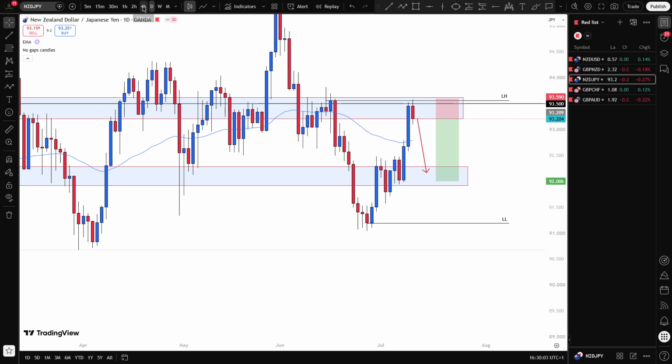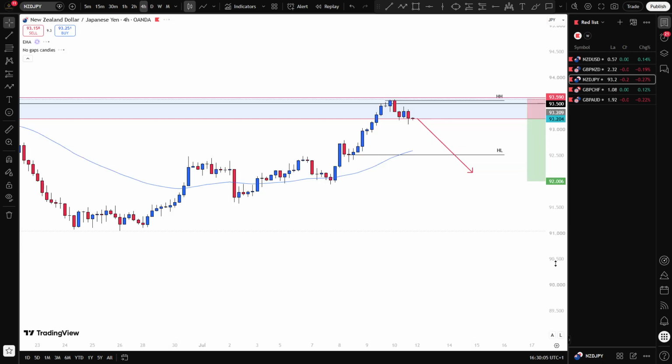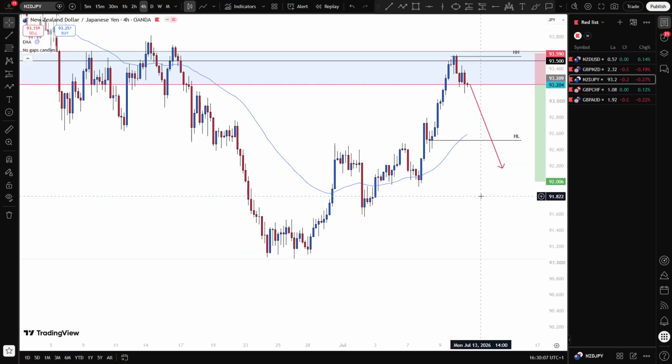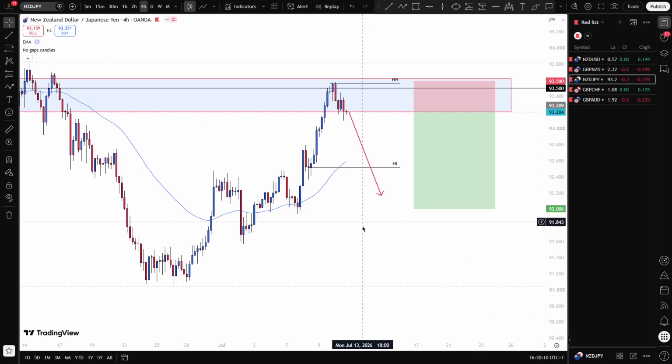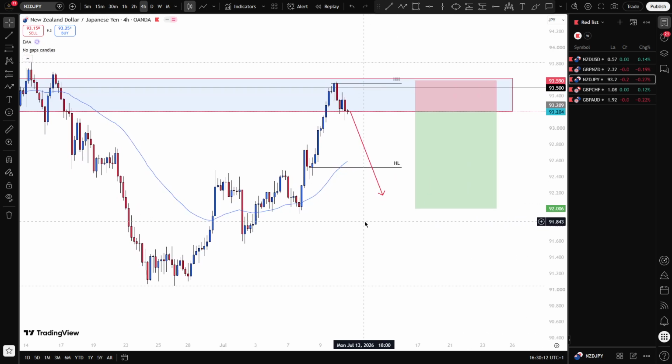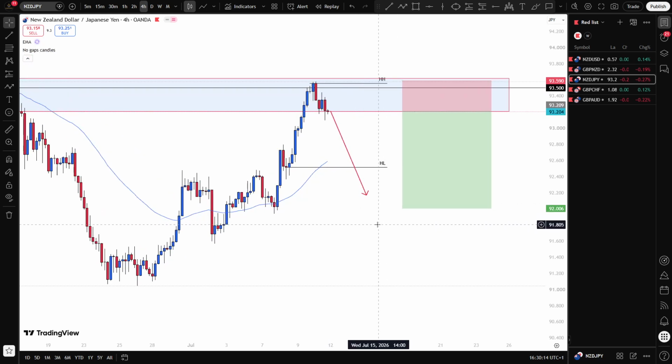So if we move down to the 4 hour time frame, the 4 hour time frame is bullish, which I don't actually need to turn bearish for me to take the trade, because the two time frames, daily and weekly, are already bearish, and those are the higher time frames. Market structure is likely to respect the higher time frame structure more than the lower time frame structure.